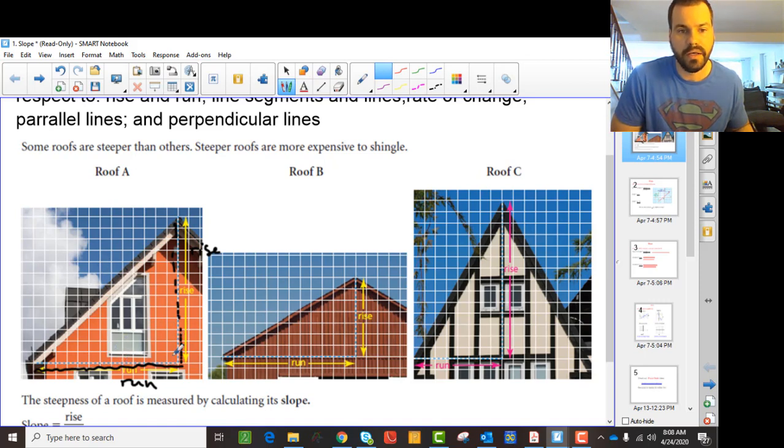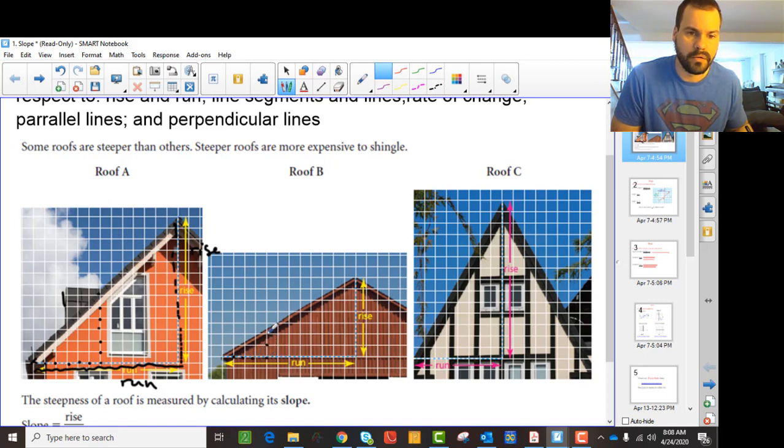That's the idea. If you look at this and you just count the blocks, let's say I start here. I go 1, 2, 3, 4, 5, 6. And then I go up 1, 2, 3, 4, 5, 6. So basically the rise over run here is 1, 6 over 6. If I do this one, I just go 1, 2, 3, 4.